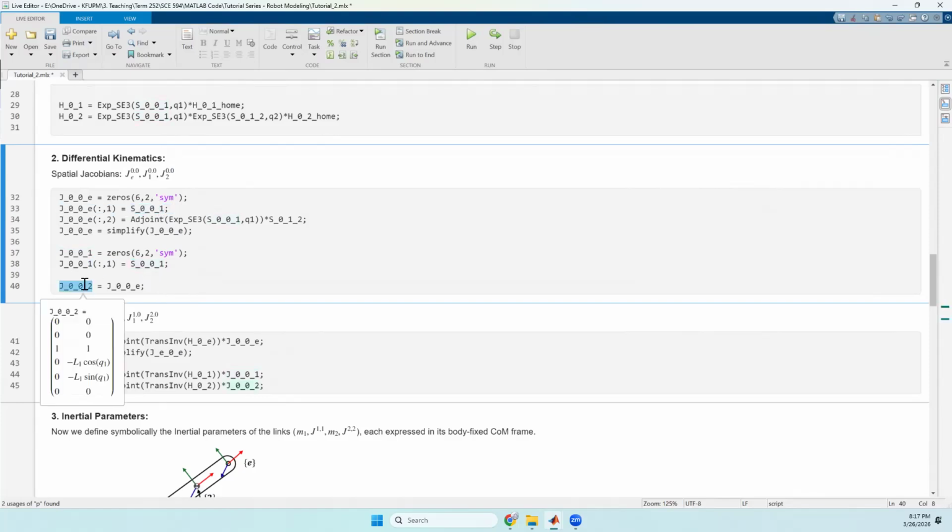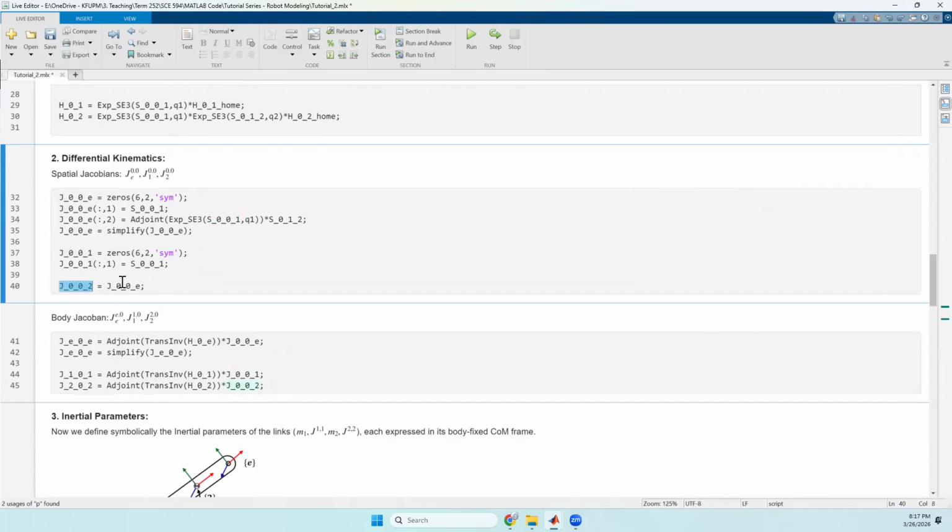As for the second link's Jacobian, it's exactly the same as the end effector. It's very easy to check that that's the case, simply because the relative transformation between link 2 and link E, the relative twist between them, is 0, which means they both have the same geometric Jacobian. The Jacobian geometrically defines the velocity of the link we're talking about.